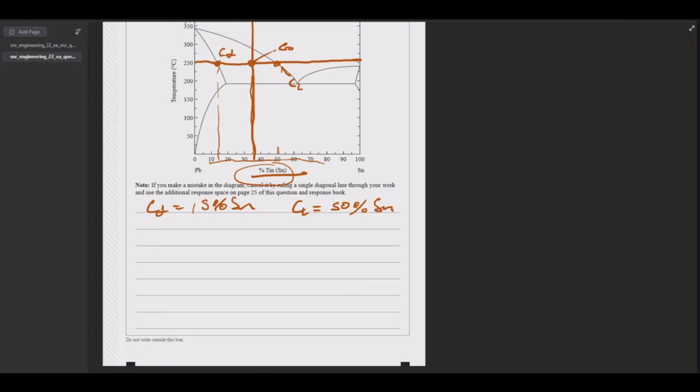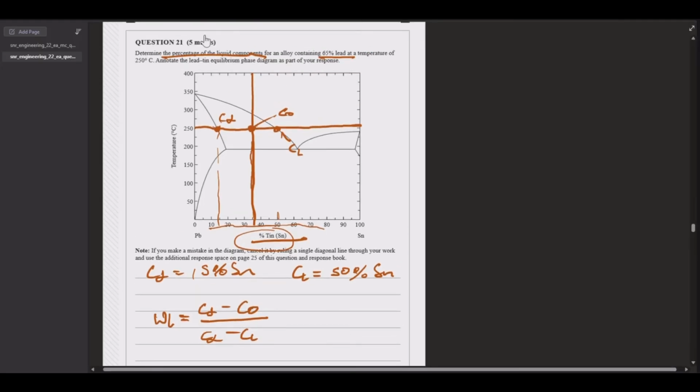And asking for the percentage of the liquid components, so you can either use your lever rule or remember the formula, which is just saying that we're taking the opposite side. So if we want the percentage of the liquid, and the liquid phase is on the right side, so that means we're going to take this left portion and divide it by the entire portion, if that makes sense.